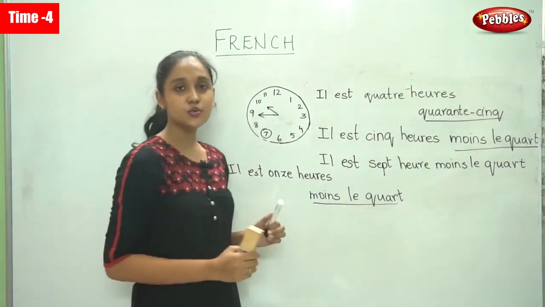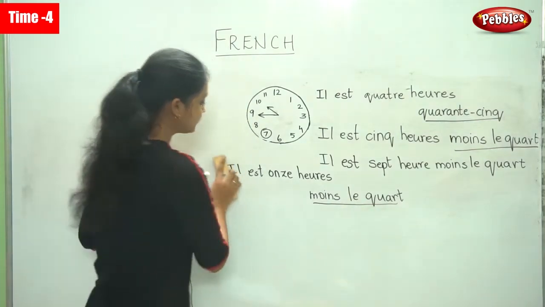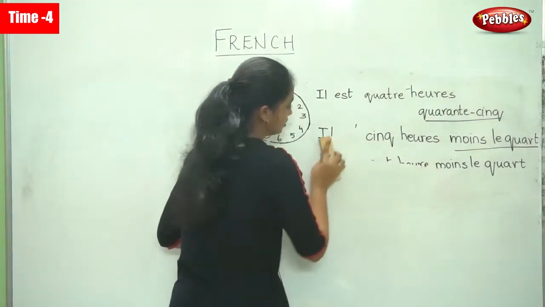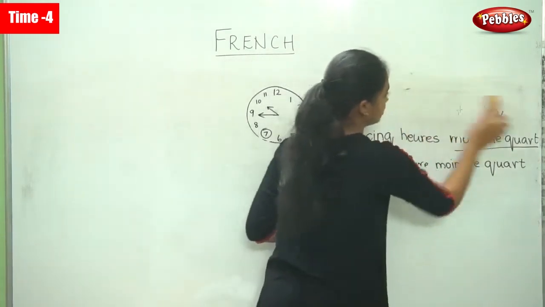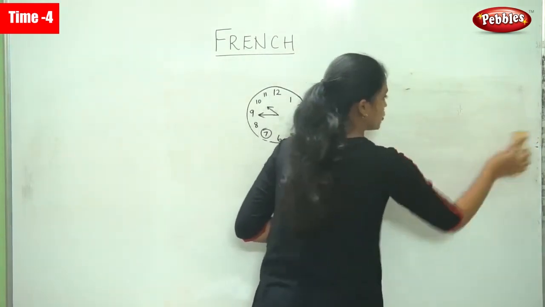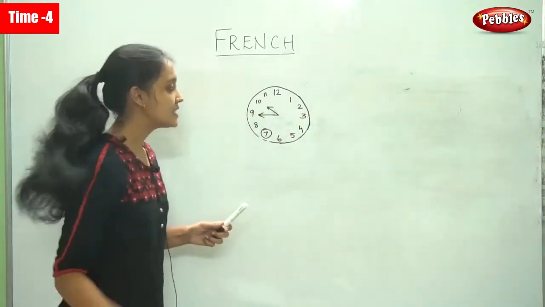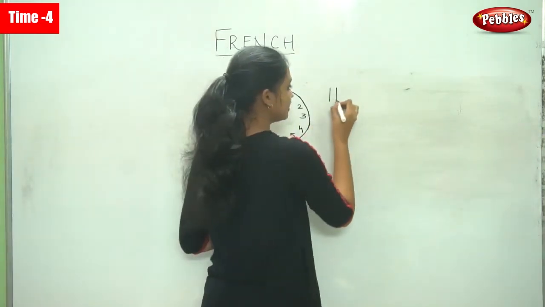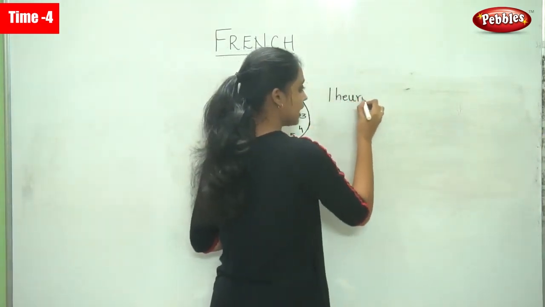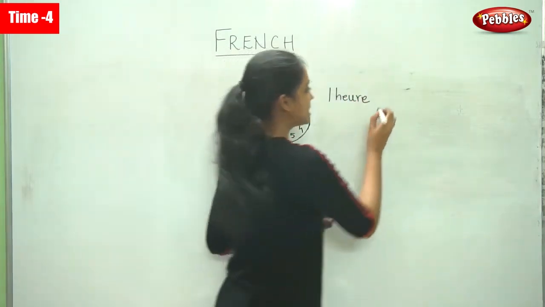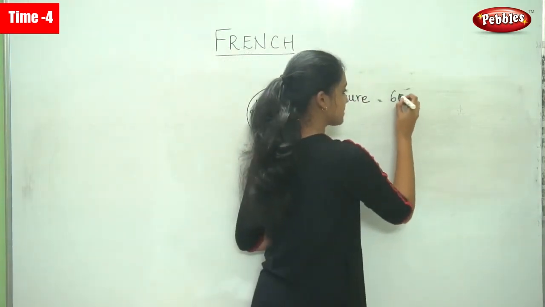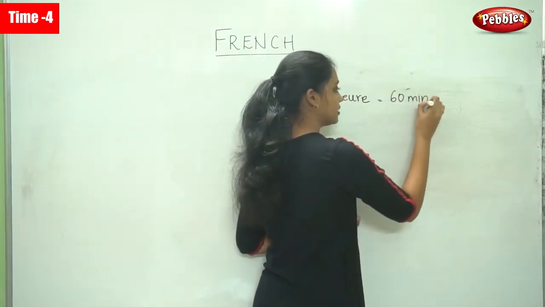We just use the minutes. So we know that 1 hour has how many minutes? 60 minutes, right?